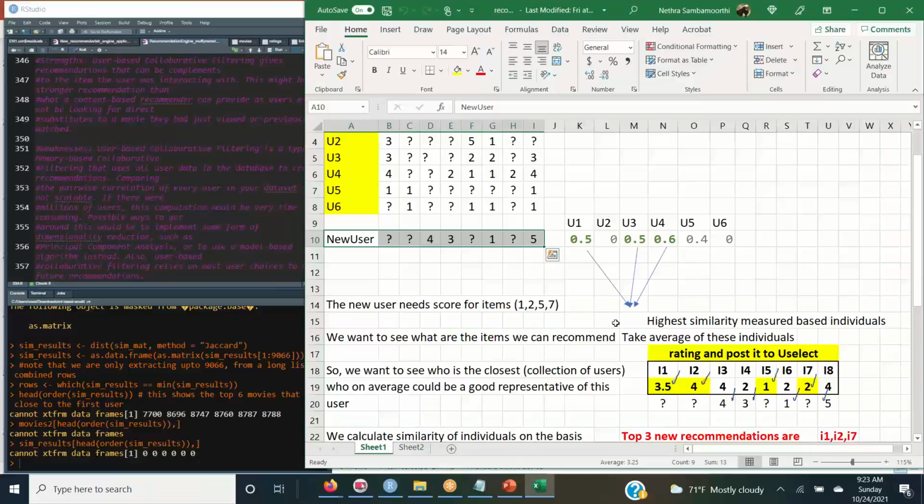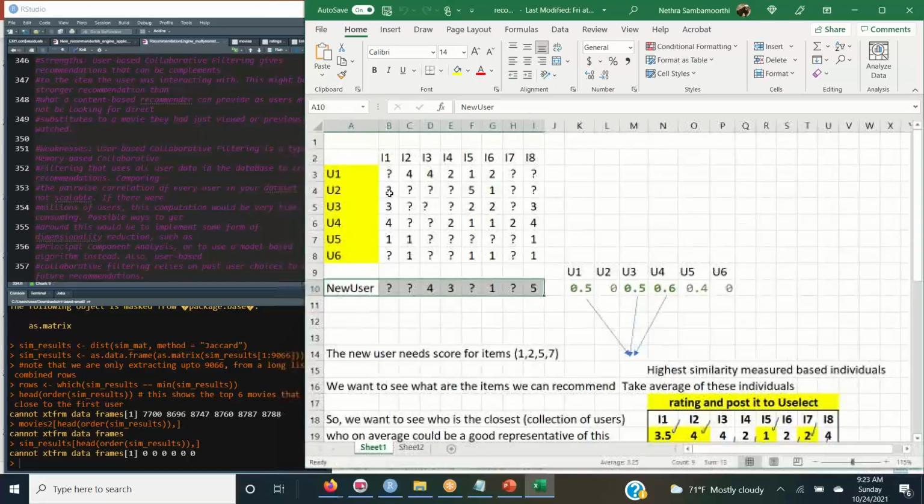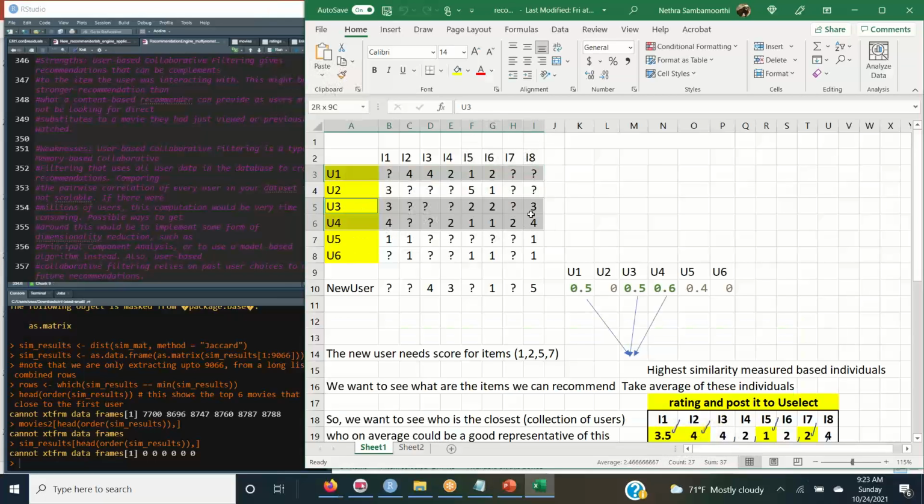And so we take the average of these 3 people, put that score, and recommend the highest product. So the average of U1, U3, and U4.